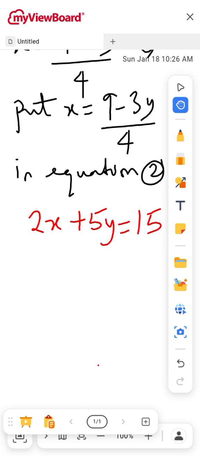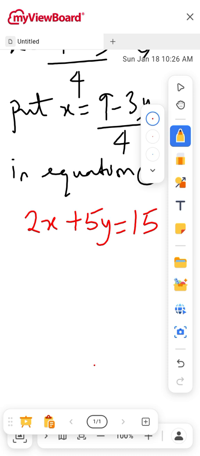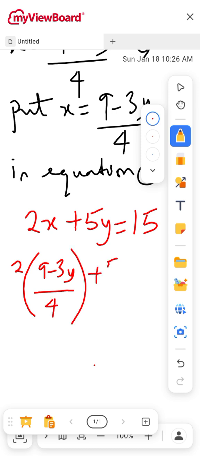So over here I have 2 into brackets 9 minus 3y over 4 plus 5y equals 15. So I open up the brackets. Over here 2 can cancel: 2 goes into 2 once, 2 goes into 4 twice.